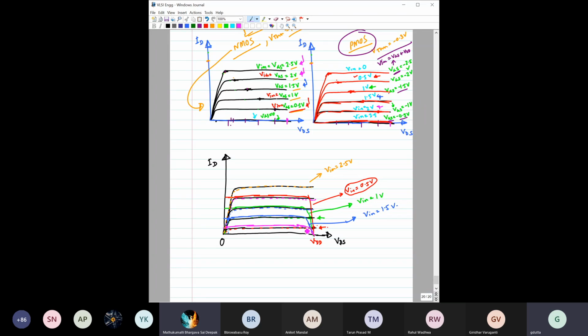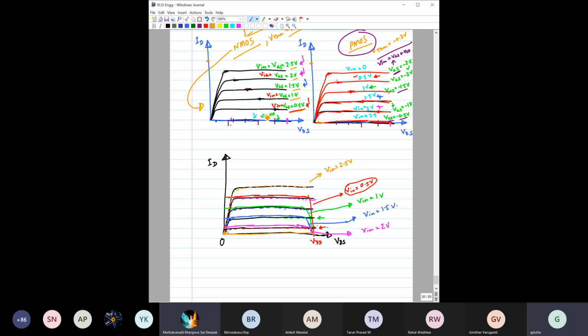So for pink color, it is Vin equal to 2 volt. And here this is Vin equal to 2.5 volt. But for PMOS, 2.5 volt stands for this line only, right? Okay. So what is the intersection? Intersection is here, right?